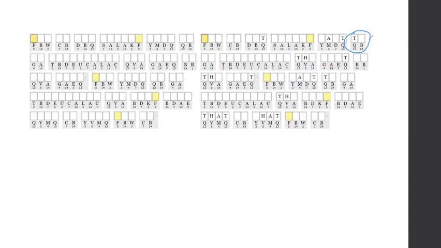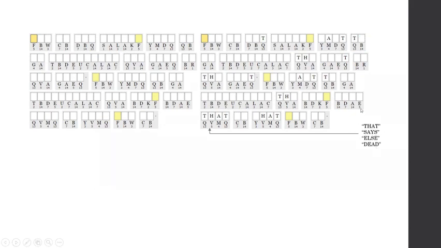Because English is English, the only possible letter that can follow a T in a two-letter word is an O. So we immediately know that this should be an O. And if we apply that to the rest of the ciphertext, we get some more things.